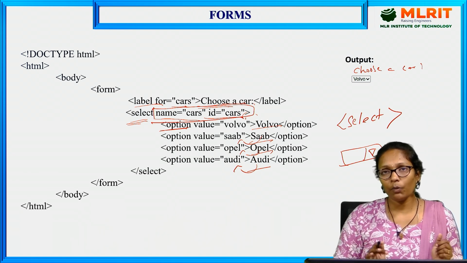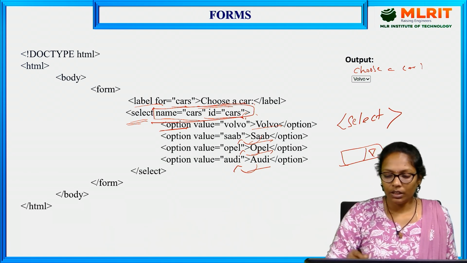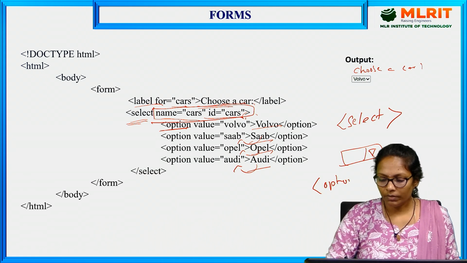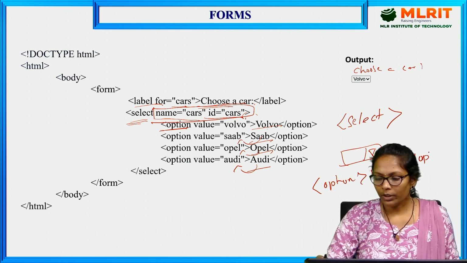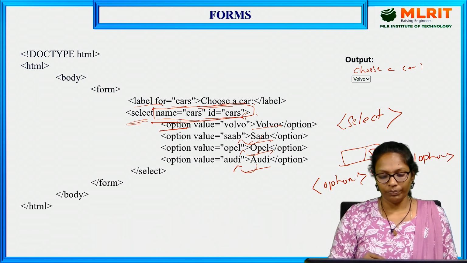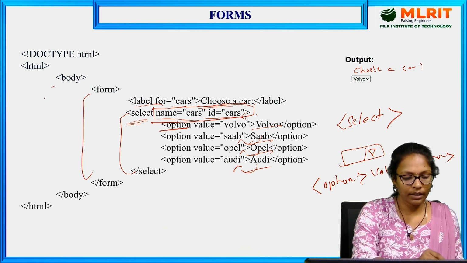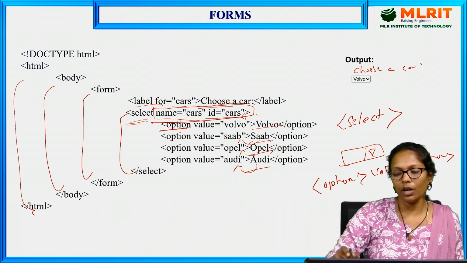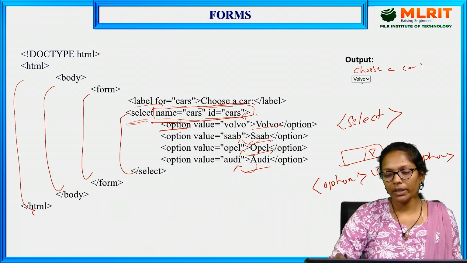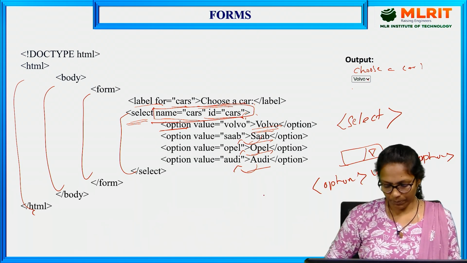If you only want to display a static web page, you can directly add option. And what is the option you're giving? Volvo. That's all. You don't need to give the value. And next, you're closing the select tag, form tag, body tag, HTML. This is the output you will get. A drop down list will be created, and what is the first item you're getting? Volvo. And if you click on this drop down list, the remaining list of items will also be visible.